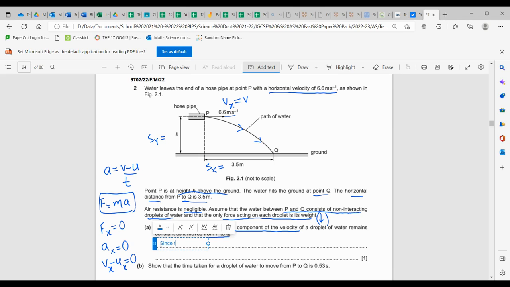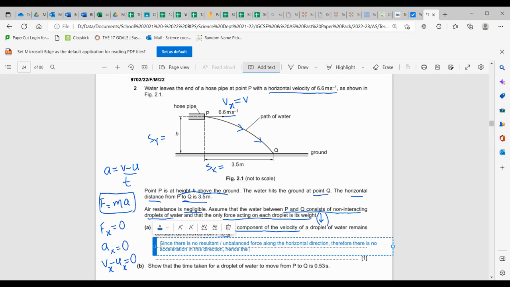Since there is no resultant or unbalanced force along the horizontal direction, therefore there is no acceleration in this direction.